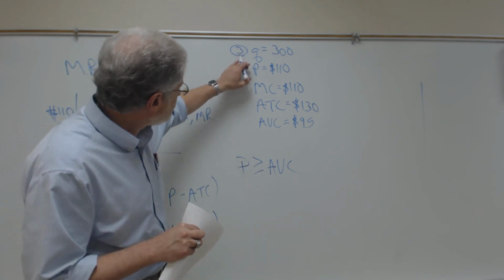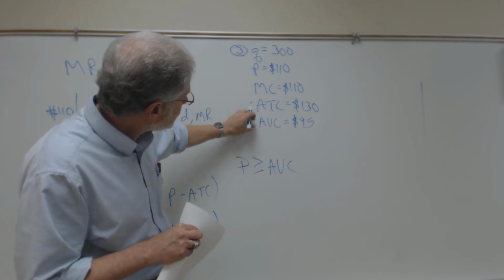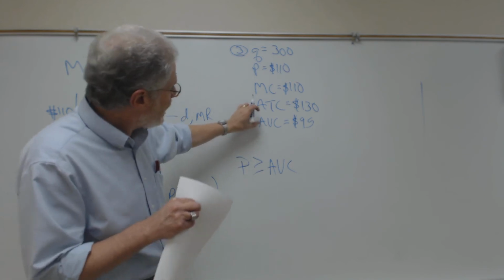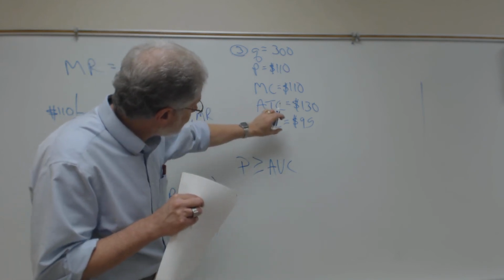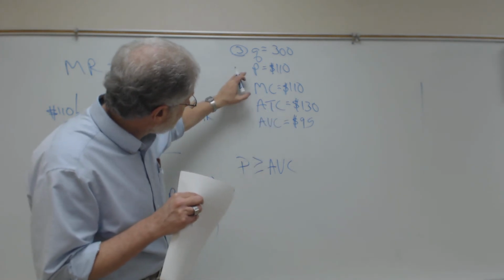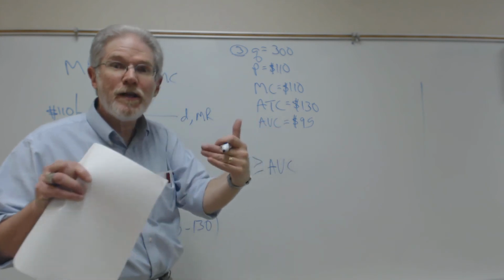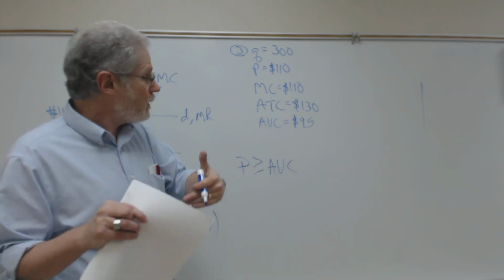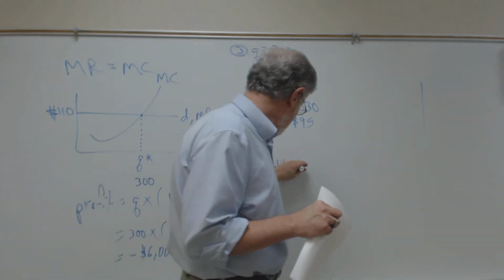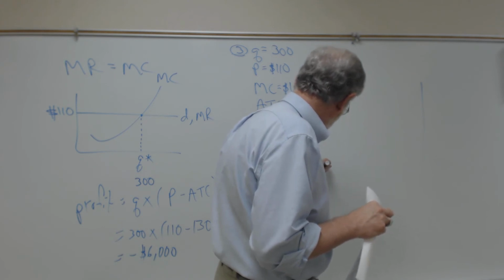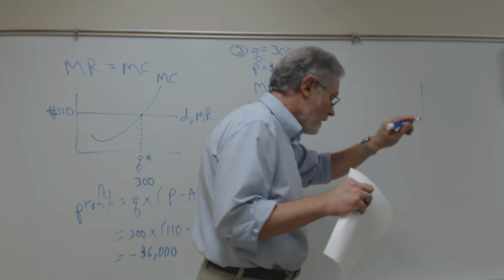So since his price is 110, his average variable cost is less than that, he's more than able to cover his variable cost. For each unit he produces, he's covering his variable cost and $15 of his fixed cost. So he's going to lose less if he chooses to produce.